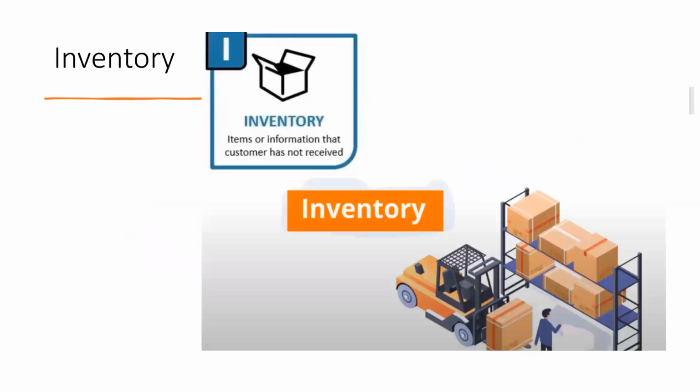The next letter in the TIMWOODS is I. I stands for inventory. Inventory is nothing but the items and information that the customer has not yet received. It is lying in your warehouse or somewhere within your factory or between your factory and your customer. In terms of a service industry, what is an inventory?